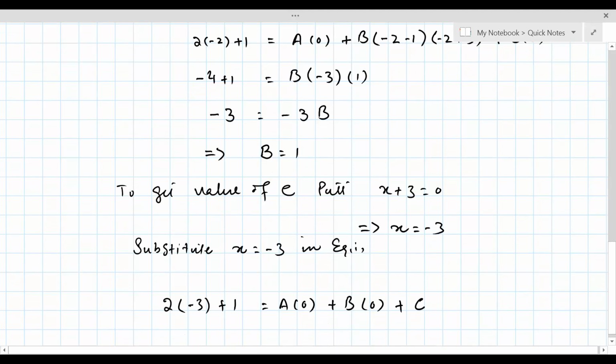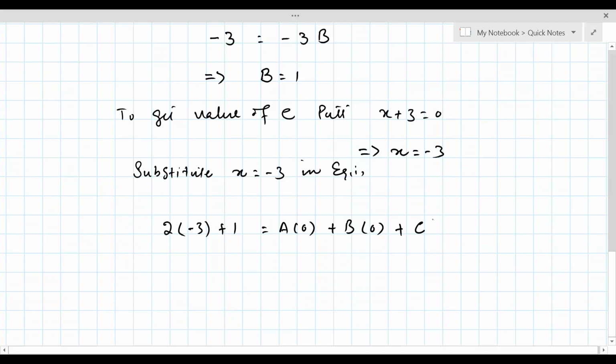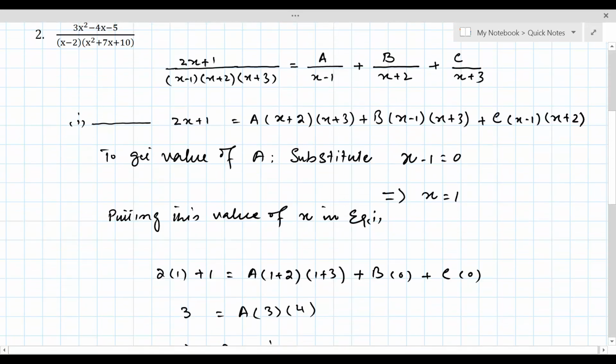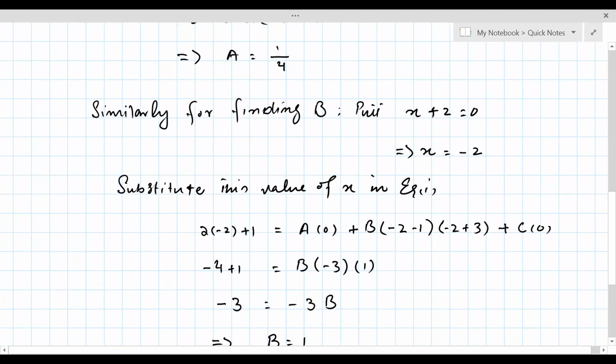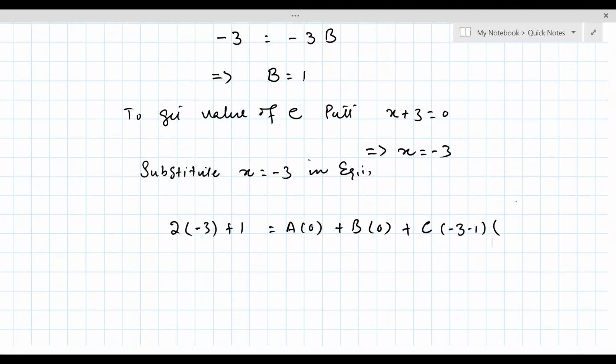So minus 3 minus 1 into, what is the second, is x plus 2 means minus 3 plus 2.